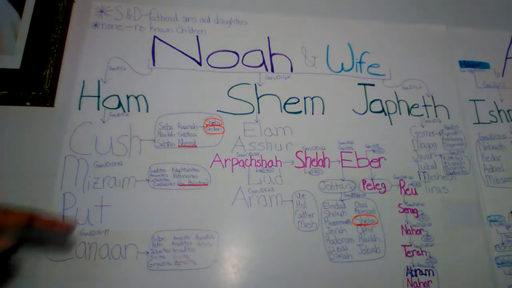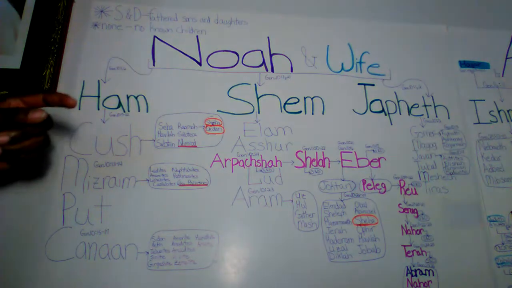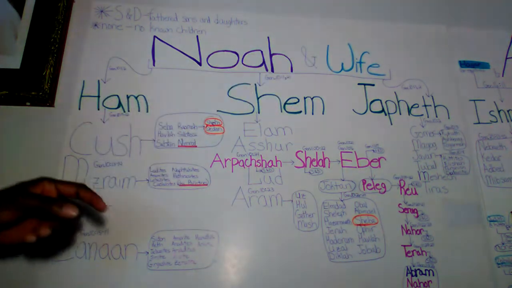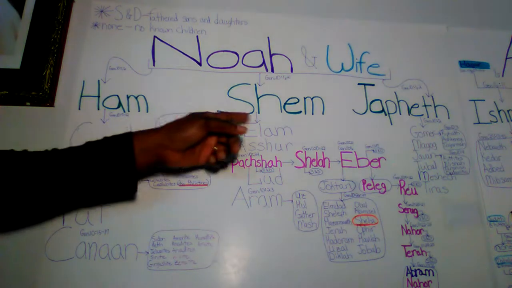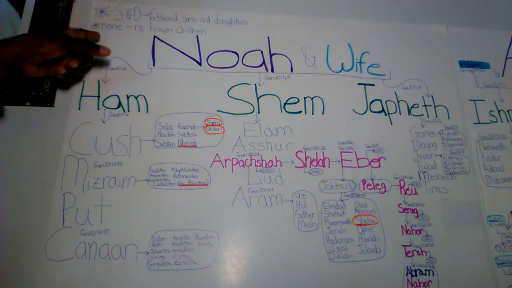As you can see, this is the first section of this biblical heritage chart, where I map out the descendants of Noah and his wife, who are Ham, Shem, and Japheth. I got little indicators here at the top.